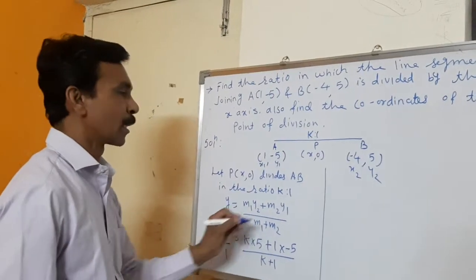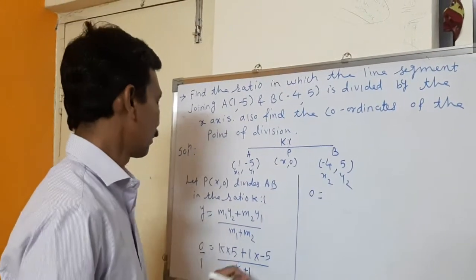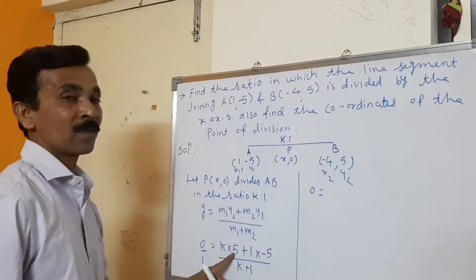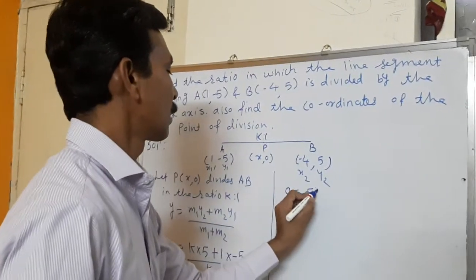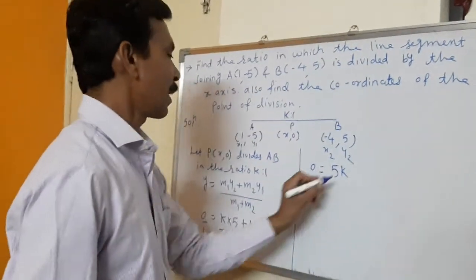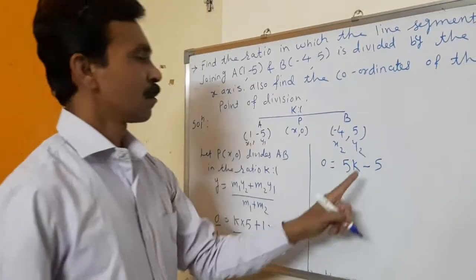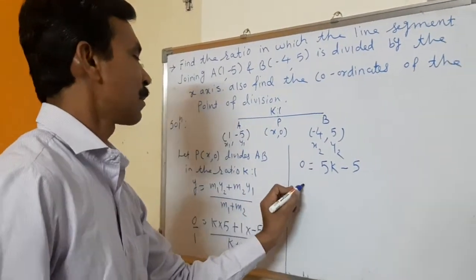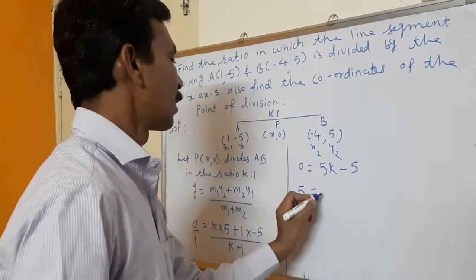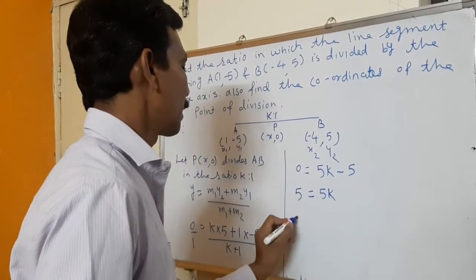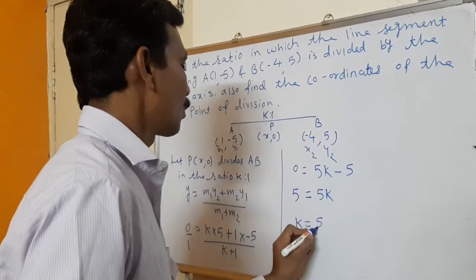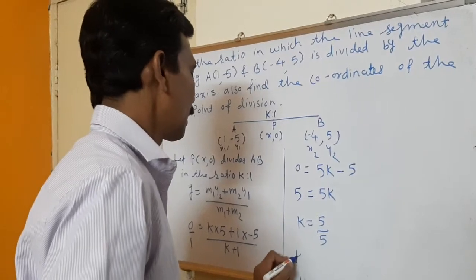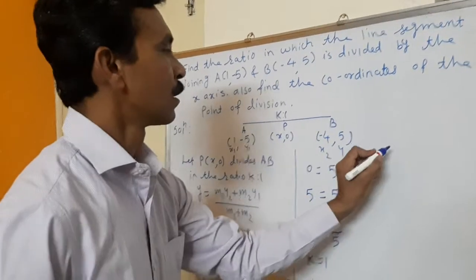K plus 1 into 0, 0. 5 into k, 5k, plus 1 into minus 5, minus 5. Minus 5 goes on the left hand side, becomes plus 5 is equal to 5k. K is equal to 5 upon 5. K is equal to 1.